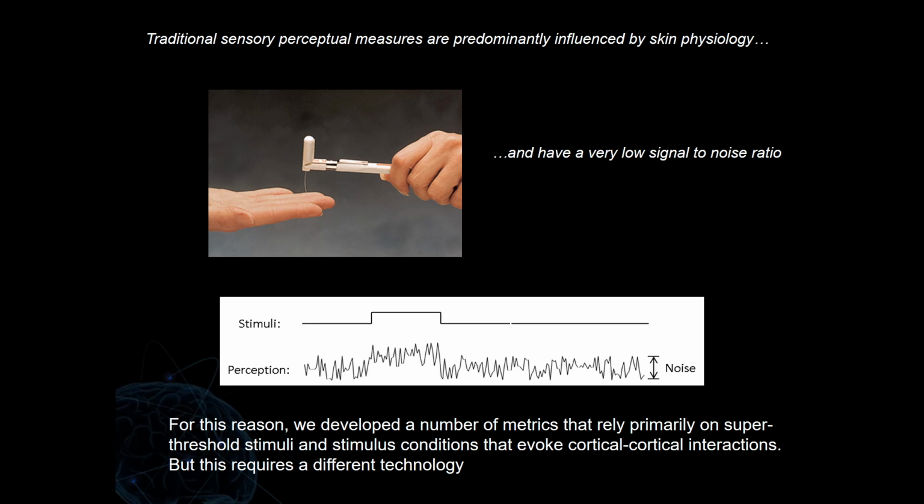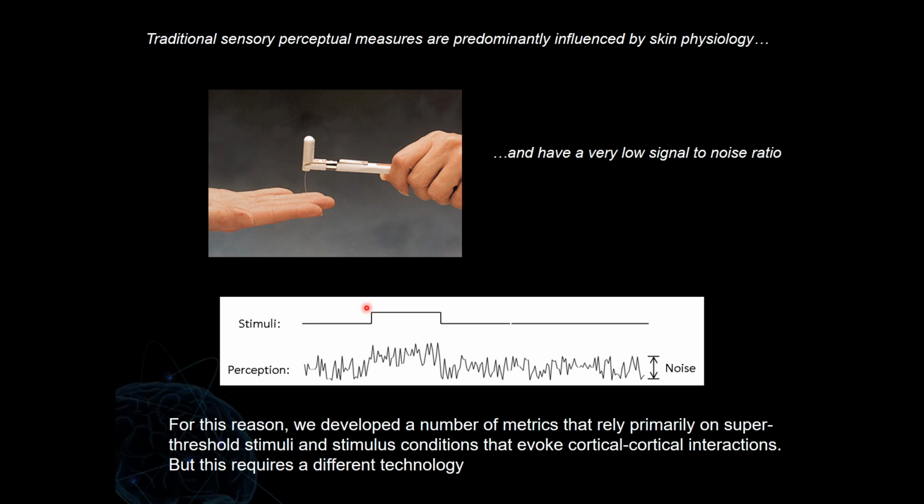Well, one reason is, here's a picture of a traditional sensory testing tool. It's called the Von Frey. Most researchers for the past 50, 60 years were pretty concerned with threshold testing. In other words, how sensitive is the skin? That's a little bit like trying to figure out how well the brain works based on how well someone's eye works, or someone's vision, or the hearing loss they might experience in the outer ear.